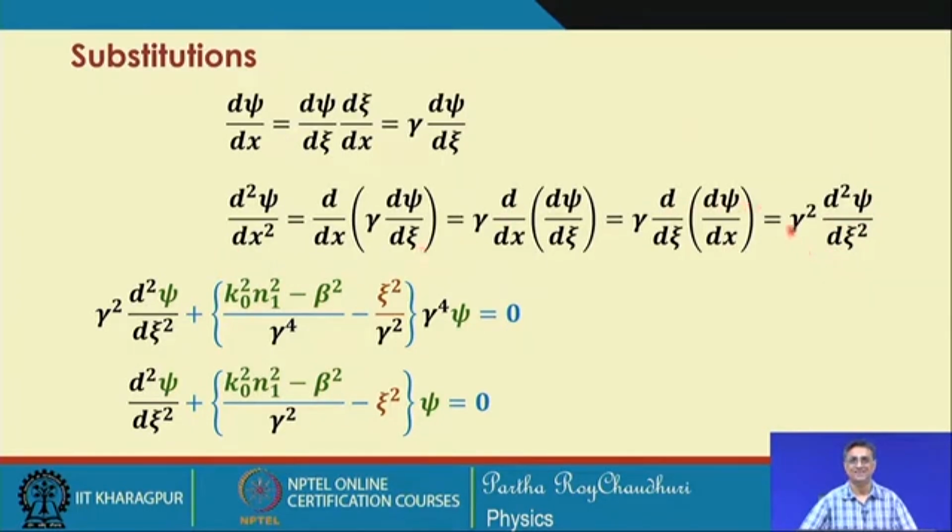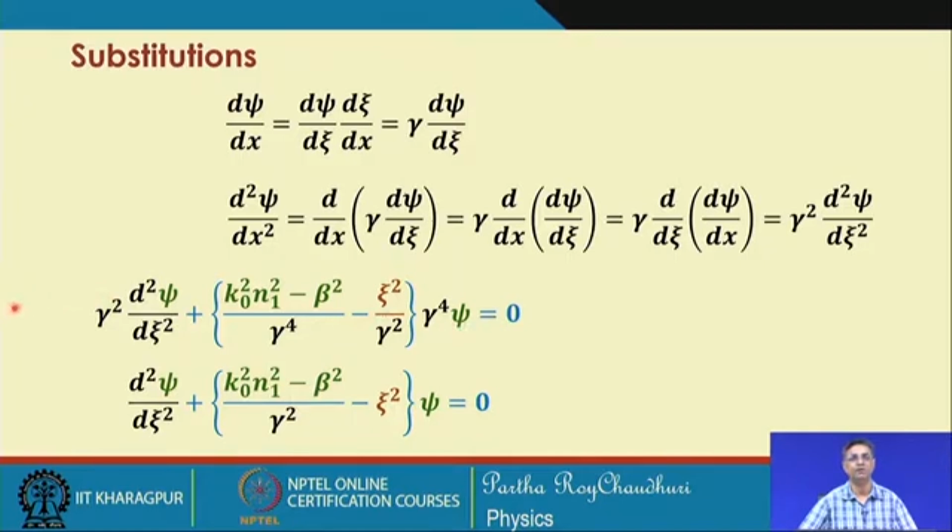So, using this definition for the new variable for x as xi, we can write this equation: gamma square del 2 psi by del xi square plus this quantity minus xi square by gamma square gamma to the power of 4.